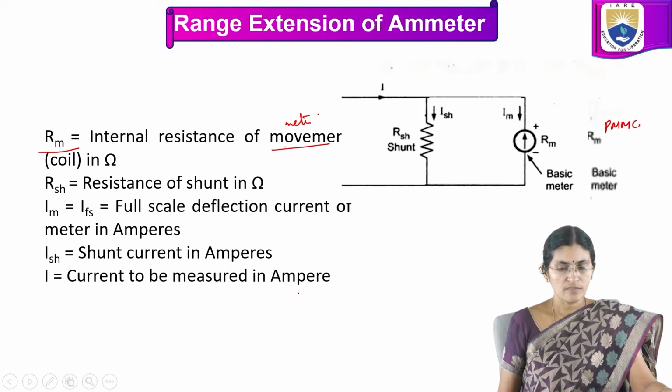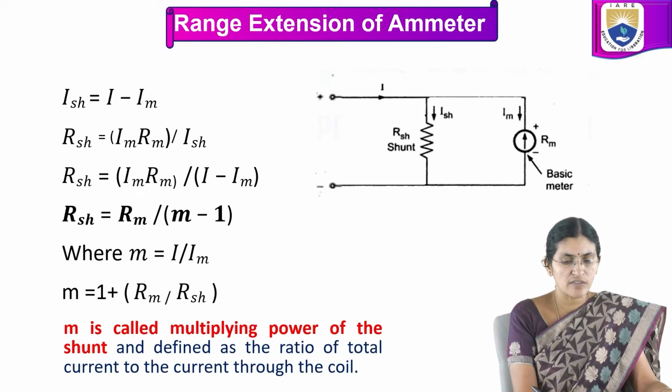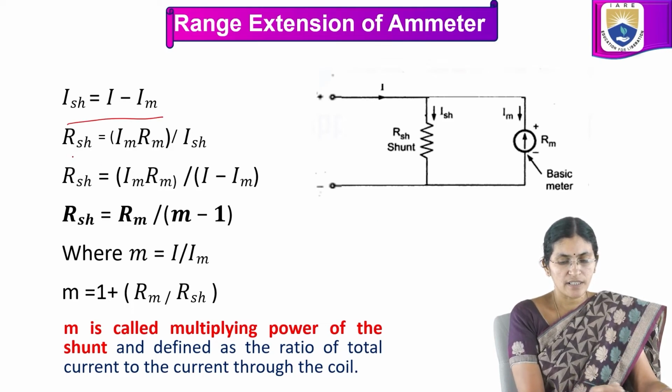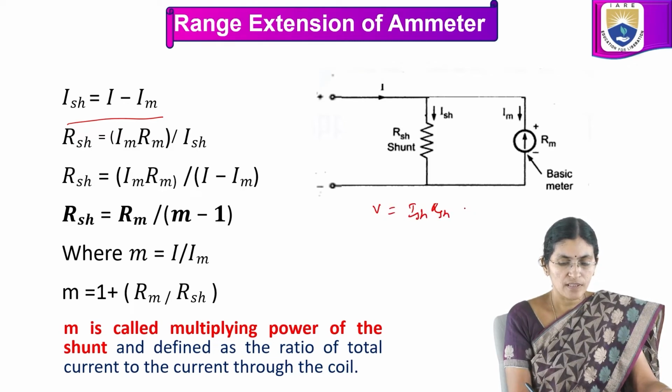Now let us see the expression. We can write ISH is equal to total current I minus IM. This is the expression. We can write RSH is equal to IM into RM divided by ISH. We know that V is equal to ISH into RSH, which is also equal to IM into RM.